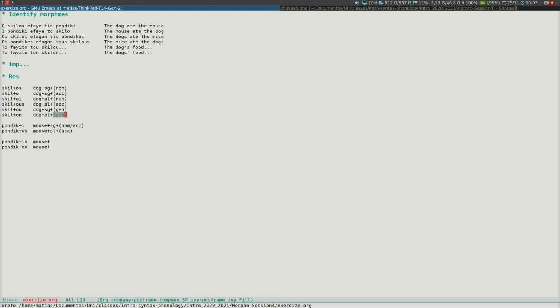So the contrast is between singular and plural genitive. If you wanted to, you would be able to also figure out that this is the singular genitive, this is the plural genitive, and this is a plural accusative for the word class of dog.